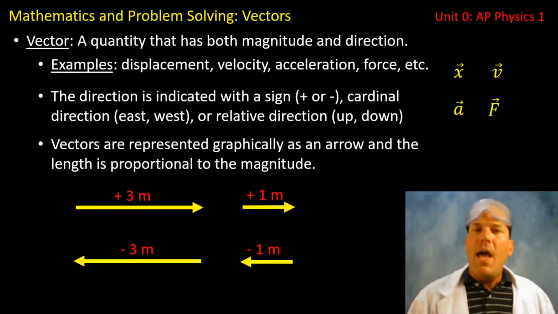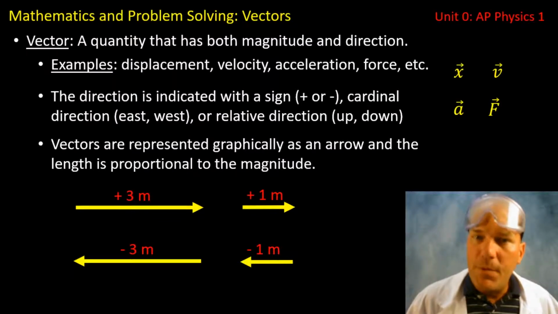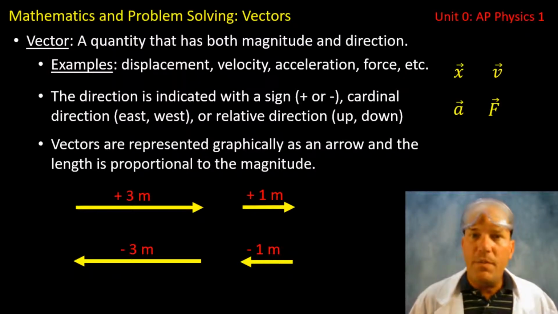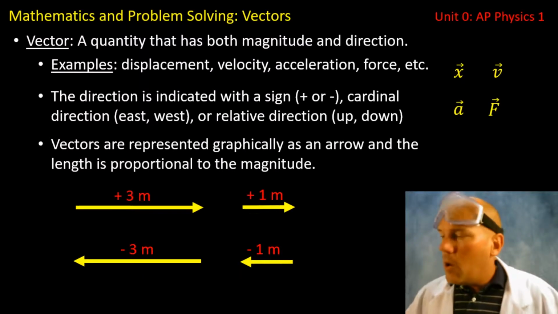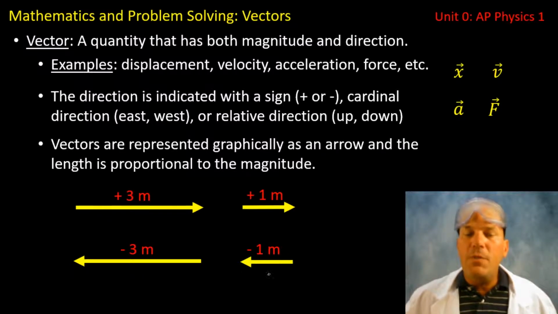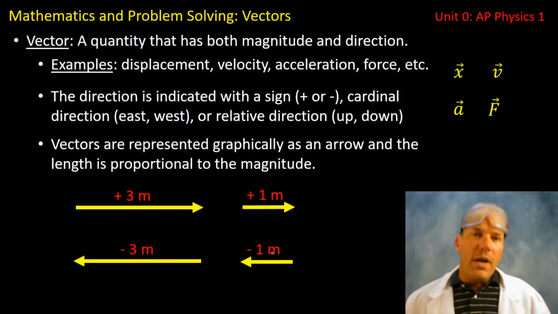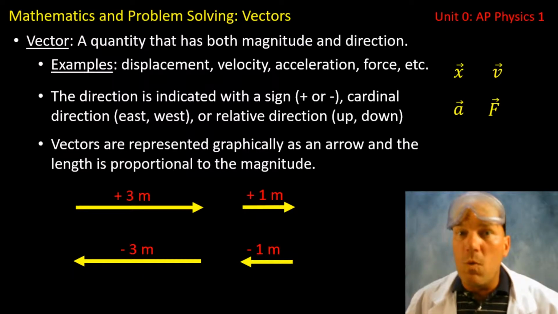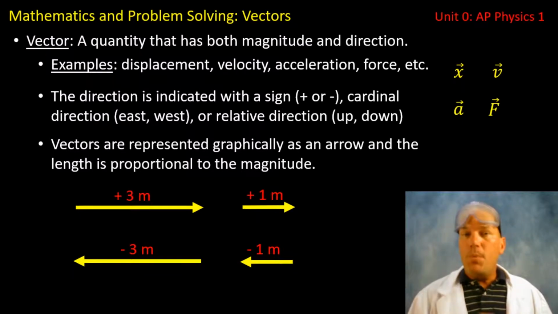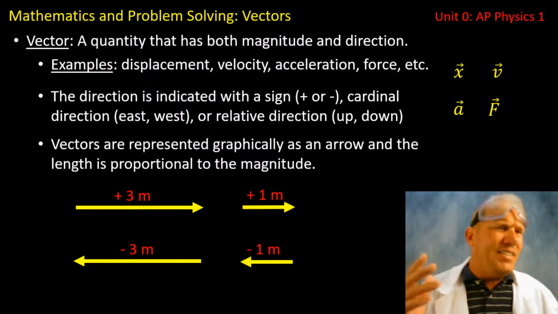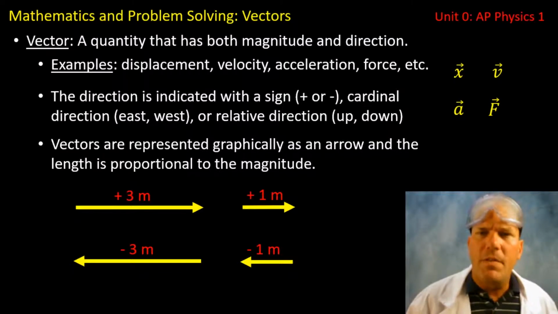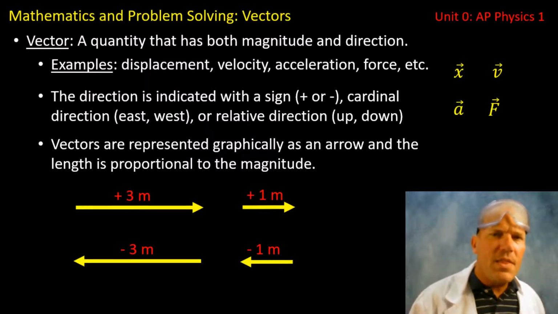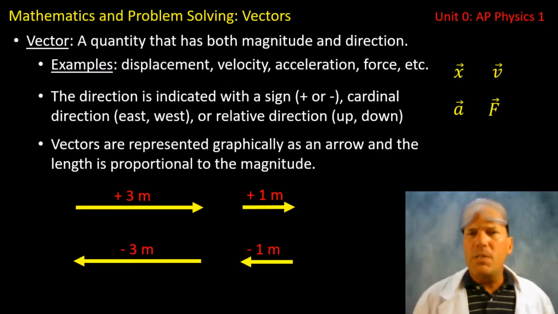For example, I could say positive 3 meters, or as you can see from this vector, I could also say 3 meters to the right. Or I could say, for this one here, negative 1 meter, or I could say 1 meter to the left. The point is that you're not going to say both. You're not going to say negative 1 meter to the left. You're going to use one or the other, whichever one is most appropriate.